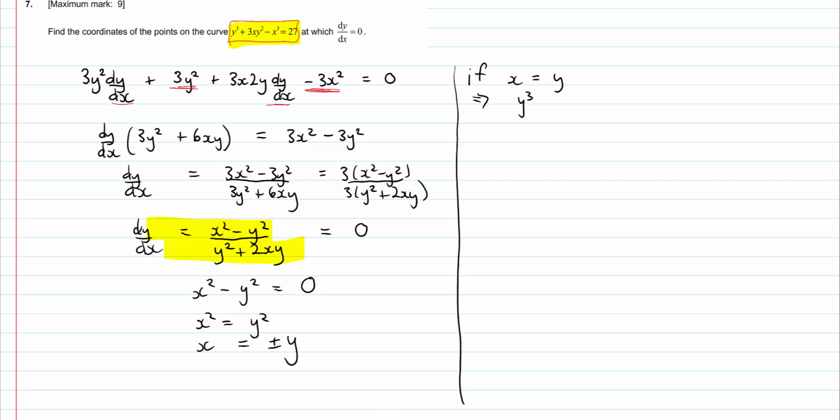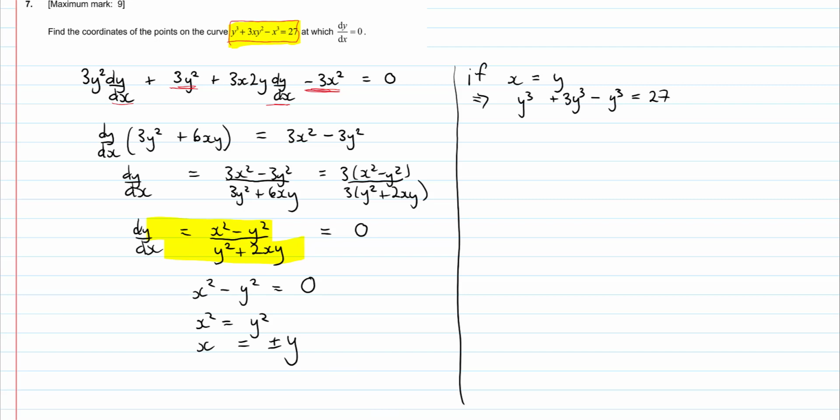So we get y cubed plus 3xy, so wherever we see an x, we'll just put a y, because x is equal to y. So we get y cubed plus 3y cubed, and then minus x cubed, so minus y cubed, is equal to 27.